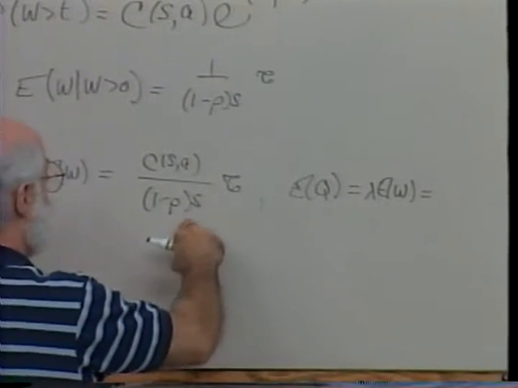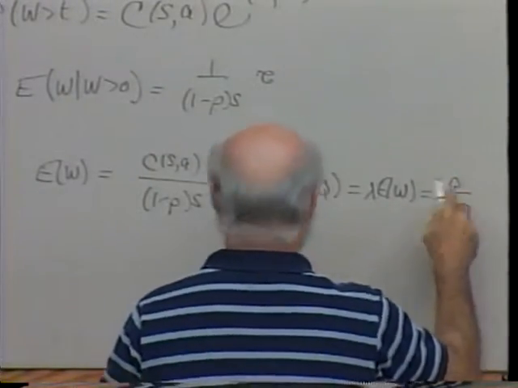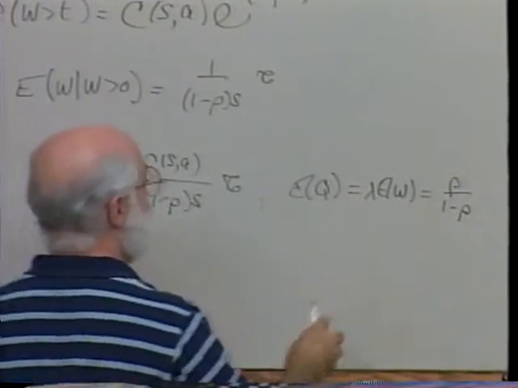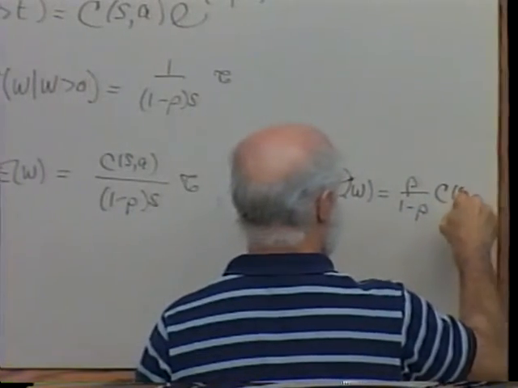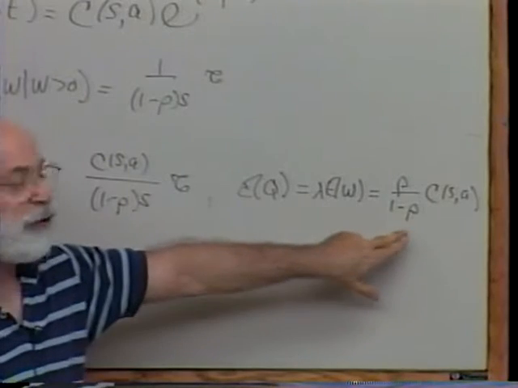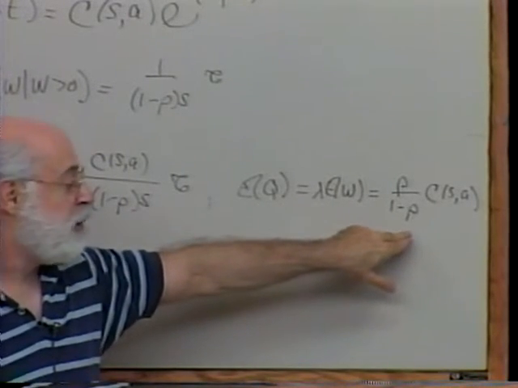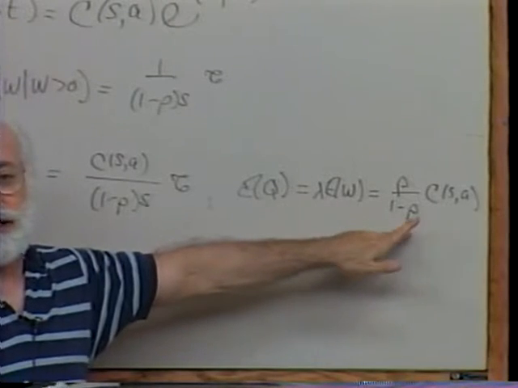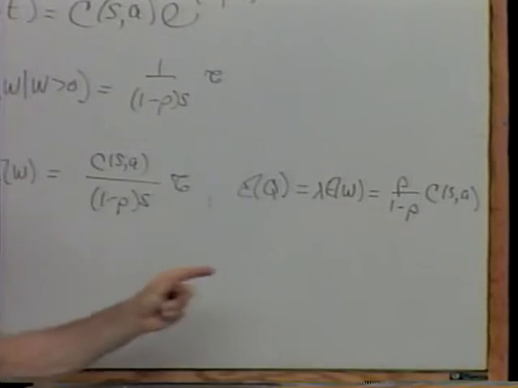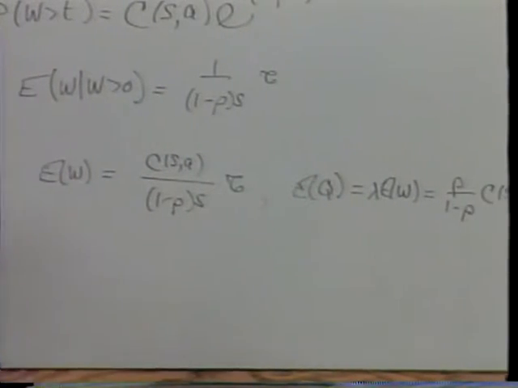And so I take that rho and I put it up here. I divide by that 1 minus rho. There's the Erlang C. And so this is the formula for the average number of customers waiting in the queue. Now, I could also calculate this from the state probabilities if I wanted to, but I don't have to, because once I know average EW, then I get EQ directly from it.